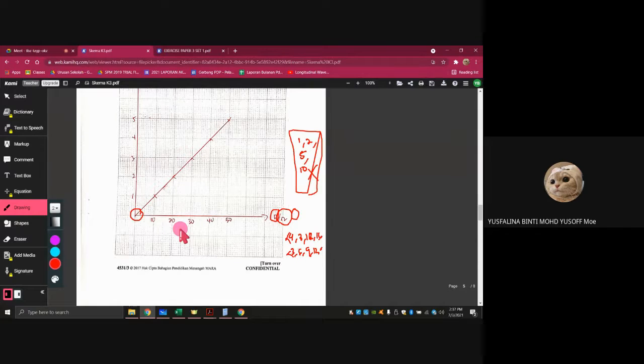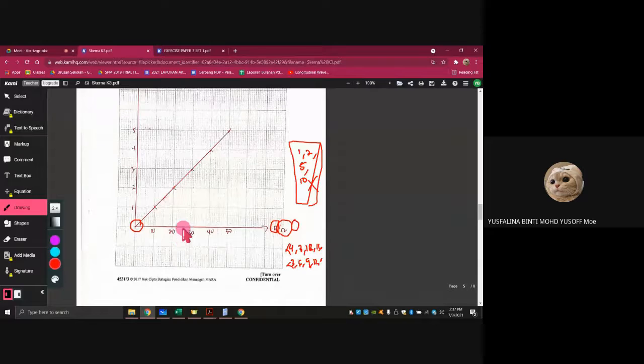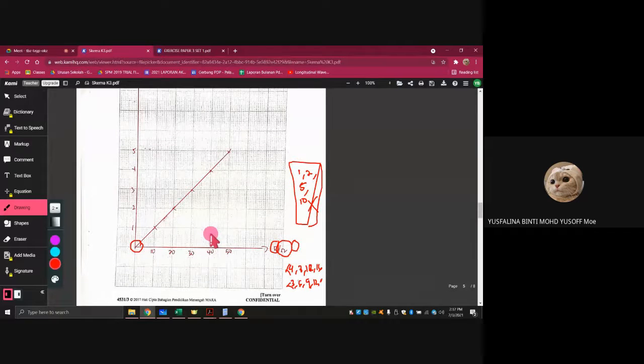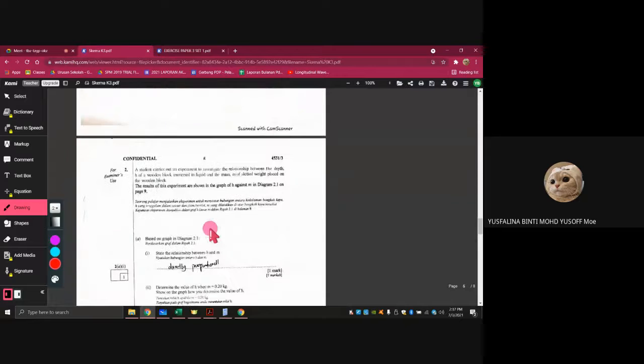Don't use the words the higher or the lower. For the graph, only use the relationships of the graph that we learned in chapter 1: directly proportional, increasing linearly, inversely proportional. So use those three. You have to see what kind of shape of the graph you get. All right, for number 2.